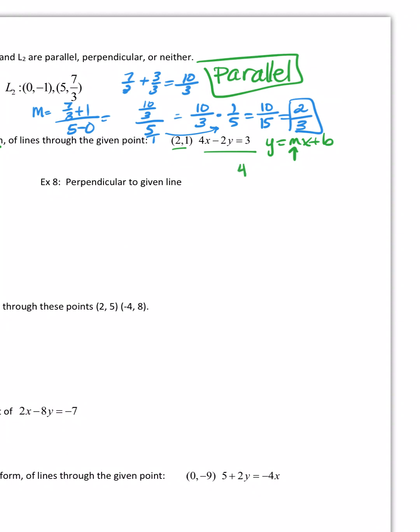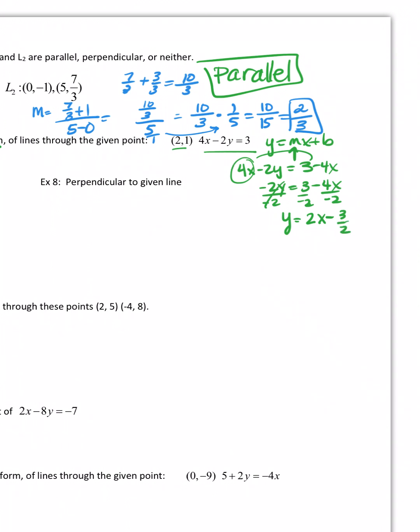So if I do that, I'm going to have 4x minus 2y equals 3 is where we're starting. I'm going to move my 4x over by subtracting it. Then I'm going to divide through by negative 2 and see what happens. I'll have y equals, now I'm going to put the x term in the front. Negative divided by negative is positive 2x. Positive divided by negative makes it negative, minus 3/2.